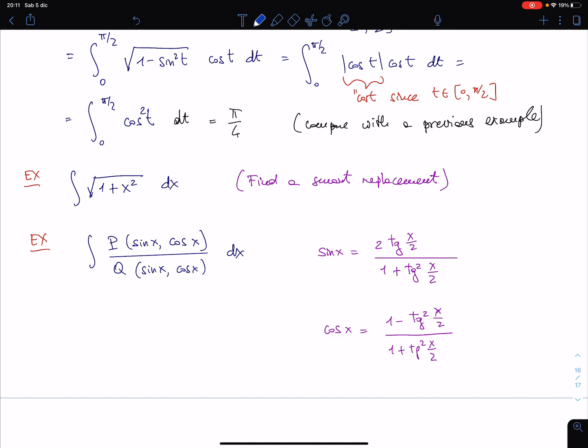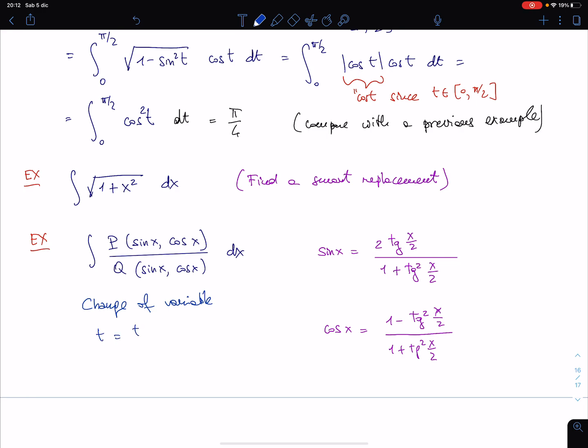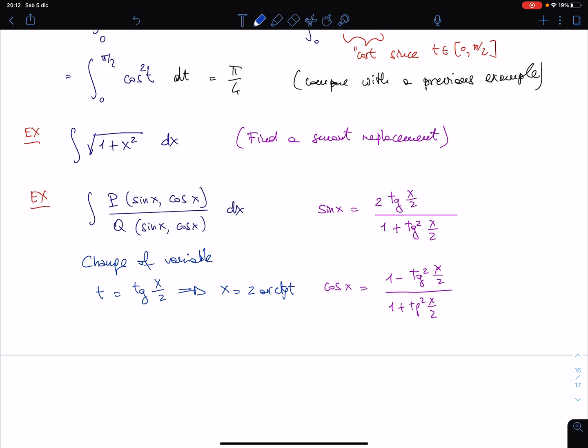And so you can consider the substitution, the change of variable, t equal to the tangent of x over 2, which means that x is equal to 2 times arctangent of t, so that dx is 2 over 1 plus t squared dt.